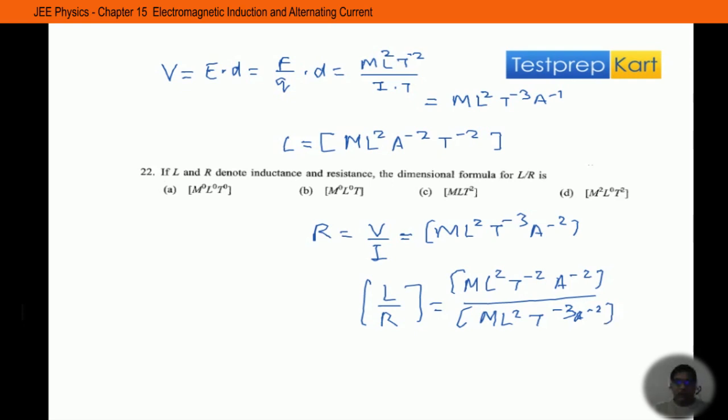So all respective terms will get cancelled out. This T will move to the numerator and we'll get M⁰ L⁰ T. So option B is right for this question.